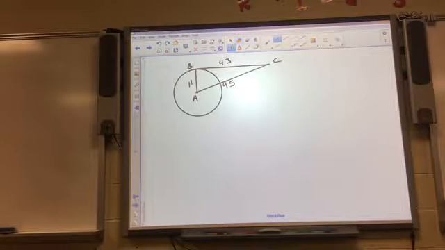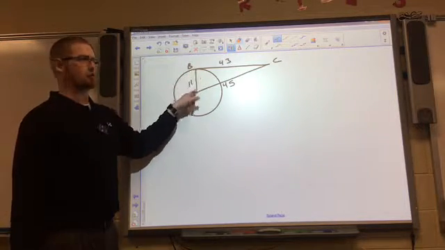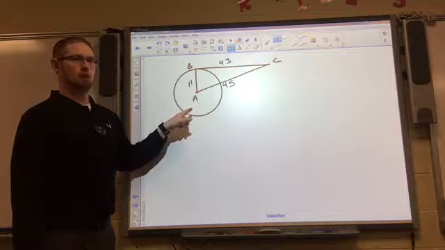Nothing that we learned, right? Okay. They want you to verify that BC is tangent to circle A. Well, if it's tangent, what has to be true? Right, that right there has to be a right angle, right? So that triangle has to be a right triangle.